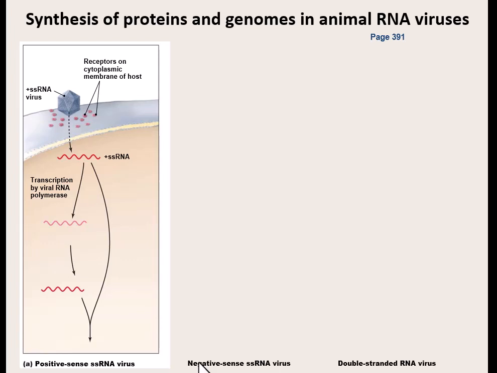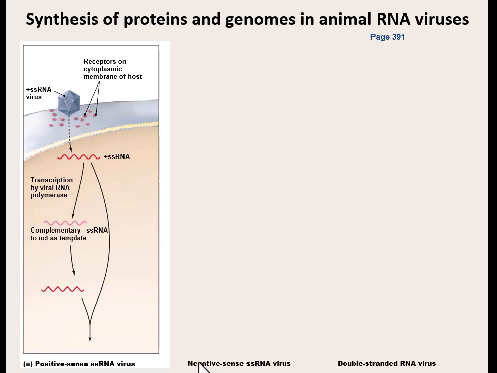And from that template, our cells are like, oh, every time I see a U, an A, and a G, it knows to bring in an A, U, C, and it will mass produce that RNA. Because it's making an opposite strand as the template, what's the opposite of positive? Negative. This template is the negative strand of RNA.